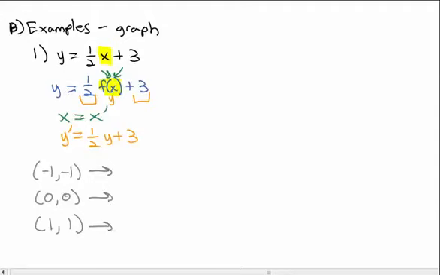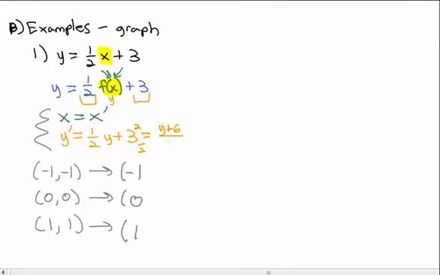Using these formulas that we just found to translate, our x's are going to stay the same. So x is at -1, 0, and 1. The y's, we're going to take half of it and add 3. Maybe even get a common denominator here by multiplying by 2 over 2. So that's going to be 6.